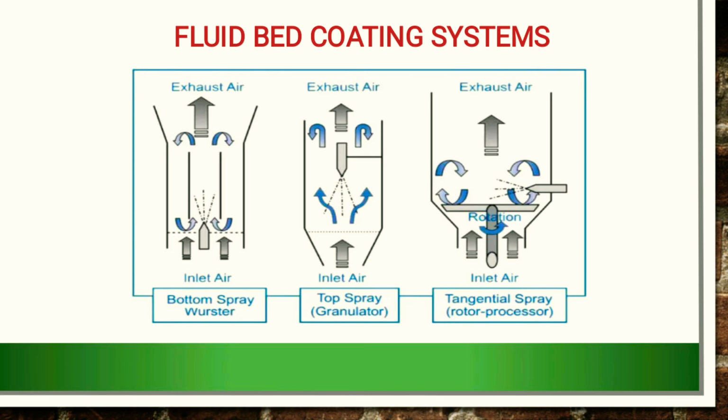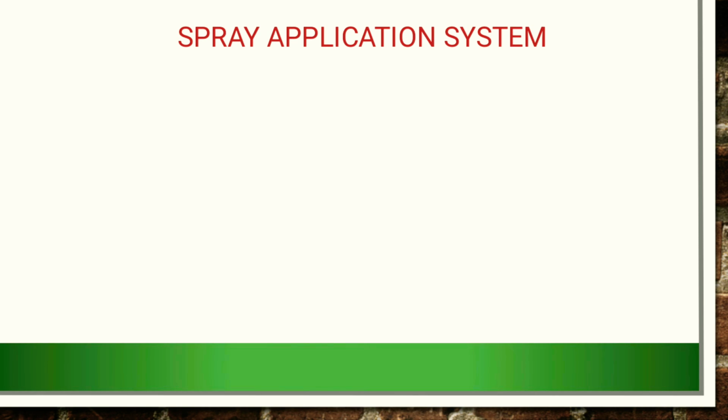Then the next type of equipment is the spray application system. As you know, sugar coating is based on the skills of the operator. However, the success of the film coating process lies in the availability of coating equipment with a spray automation system, which allows a coating liquid to be applied in a much more controlled and reproducible manner.